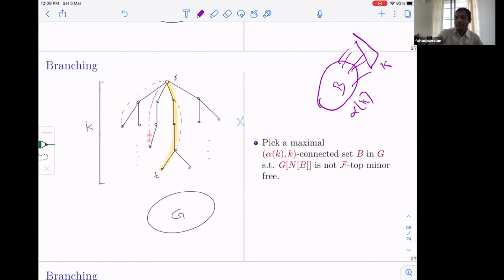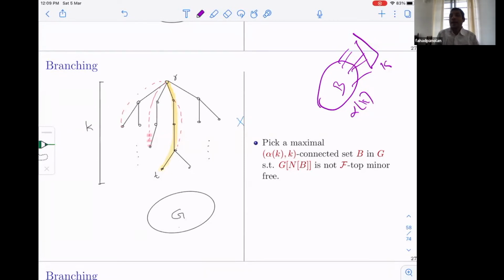Correct? So you take any alpha k connected set B, not even maximal. Then if it is not F topological minor free, at least one vertex from that close neighborhood of B should go into the forest part.